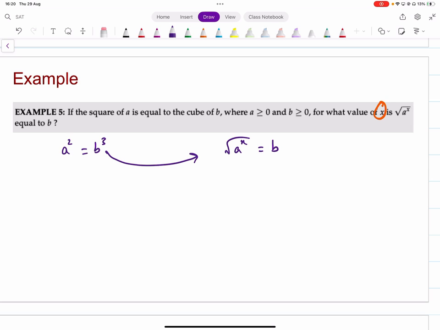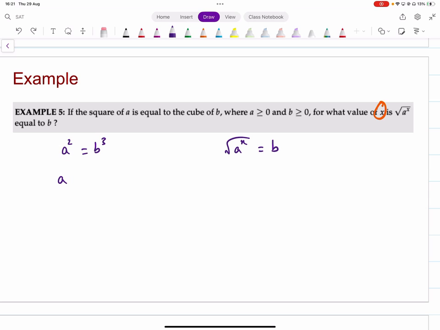If a square is equal to b cube, what is b equal to? If you make b the subject here, what do you get on the other side? a raised to the power 2 over 3.